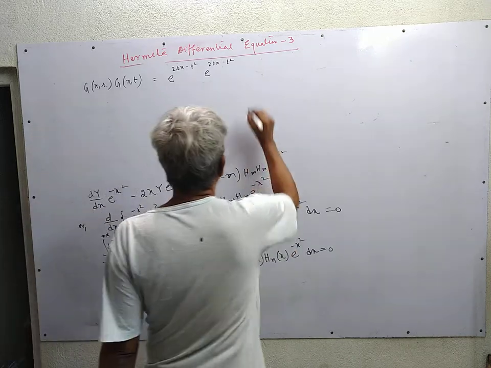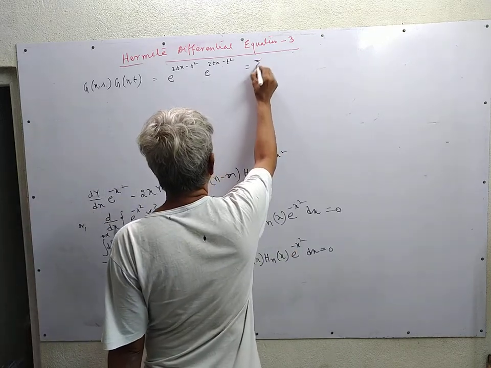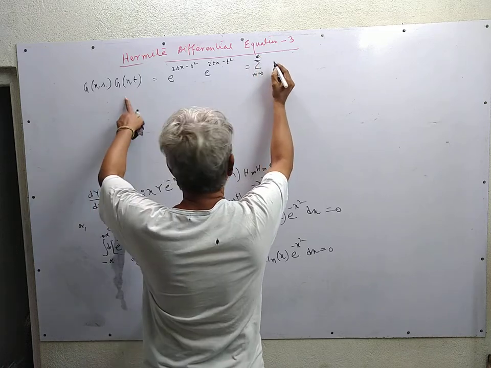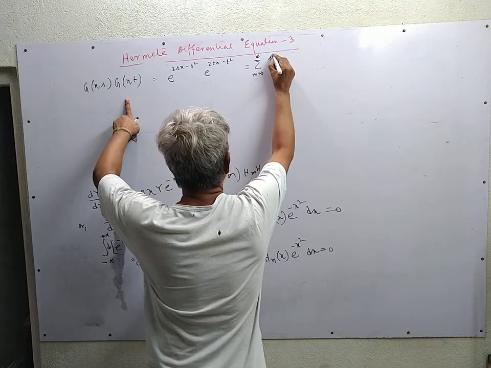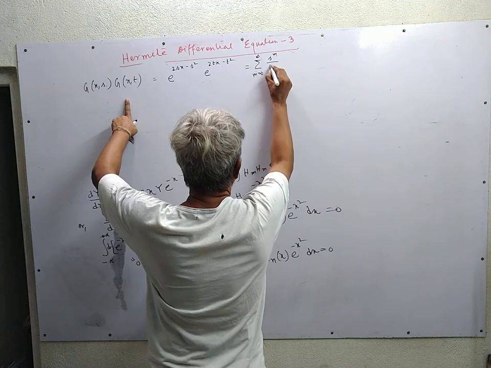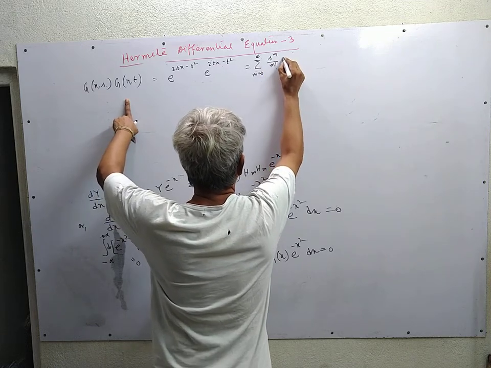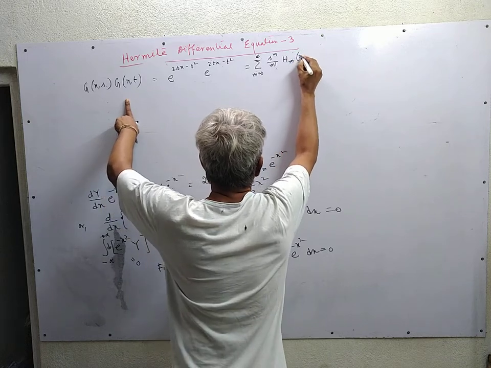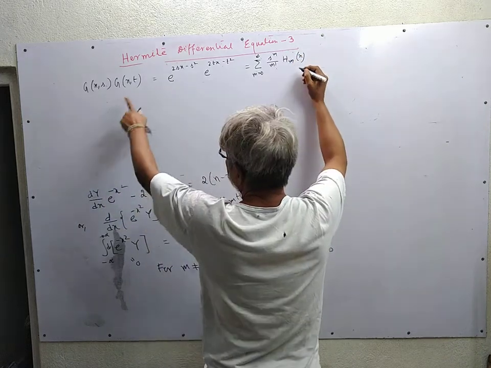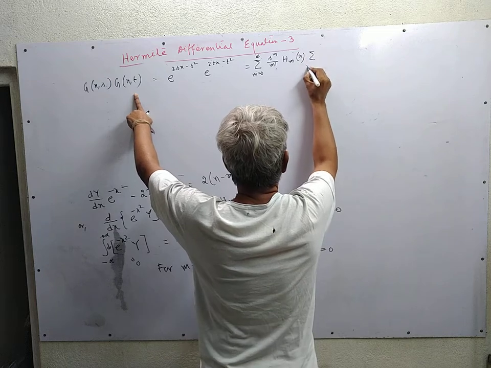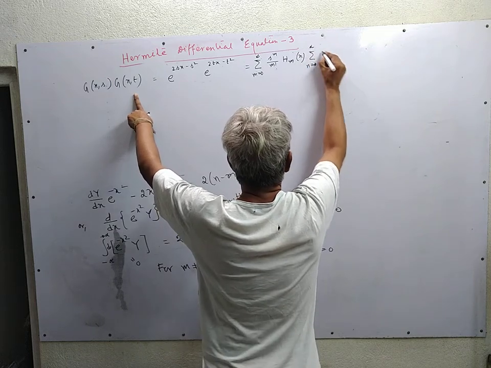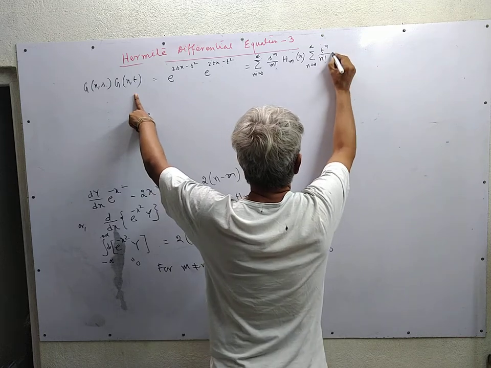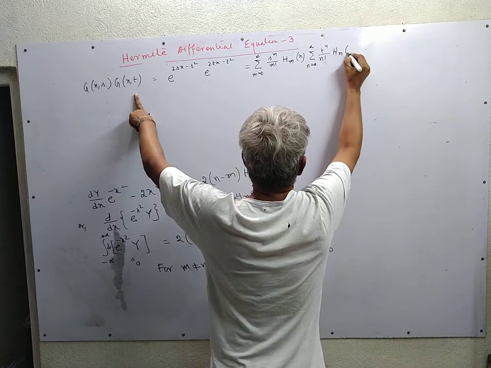On the right hand side we have summation over m equal to 0 to infinity, s to the power m over m factorial Hm(x), and for the second one, summation over n equal to 0 to infinity, t to the power n over n factorial Hn(x).